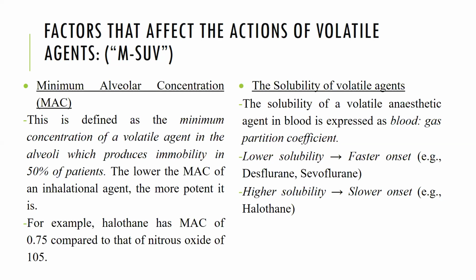So the lower the solubility of an agent, the faster the onset, because it can readily get to the brain to exert its action. Higher solubility will have a slower onset, for instance, halothane.